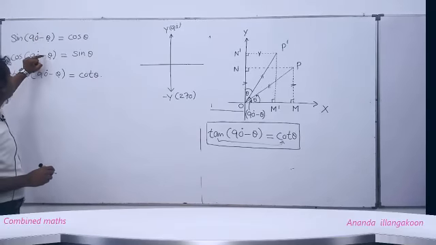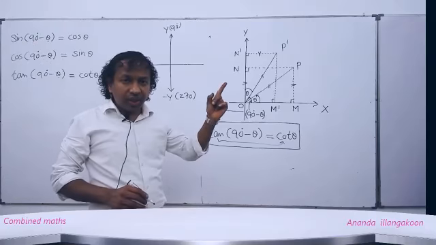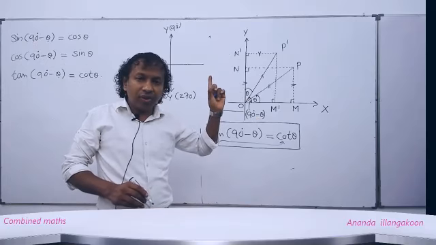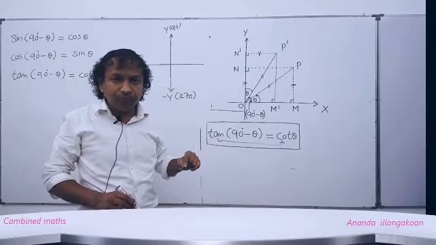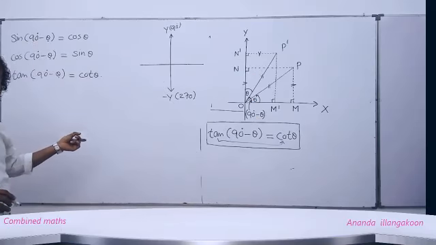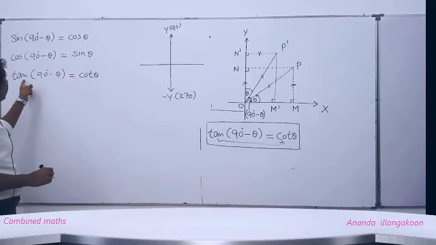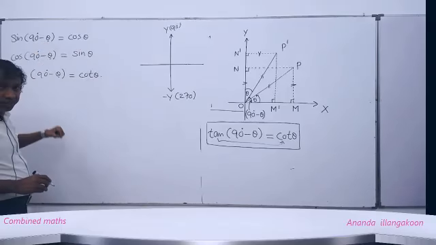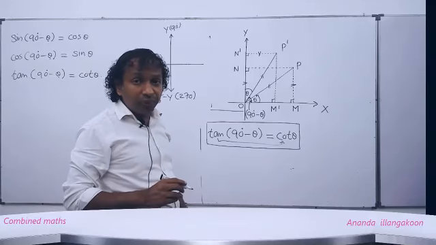Whatever the sign, people, if the first angle is on the y-axis, what are the possible angles which can be on the y-axis? 90, 270. In the second round, 450 and so on, no, people. Whatever the number of rounds, if the first angle in the left hand side is on the y-axis, sine goes to cos, cos goes to sine, tan goes to cot. The right hand side angle is the second angle in the left hand side. Remember.